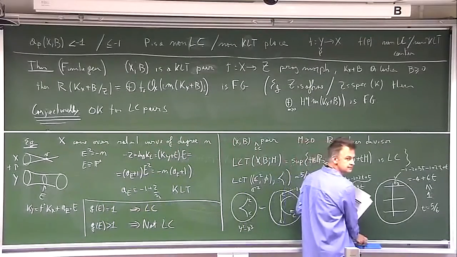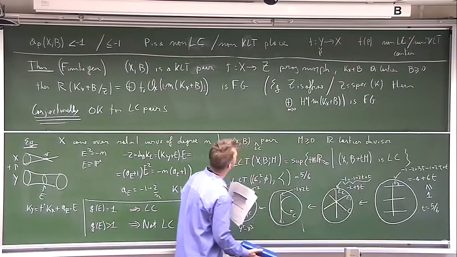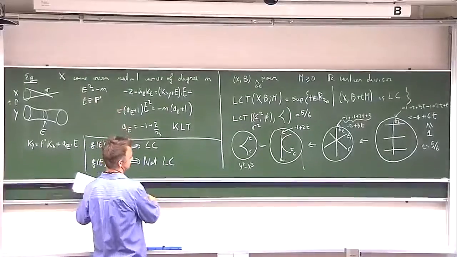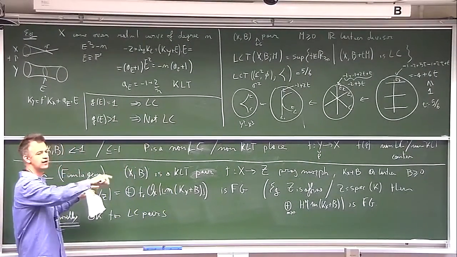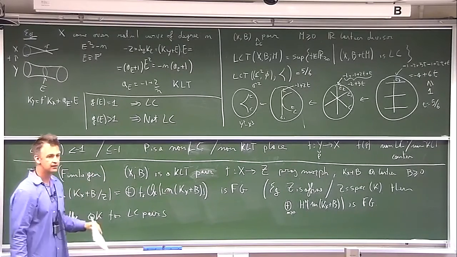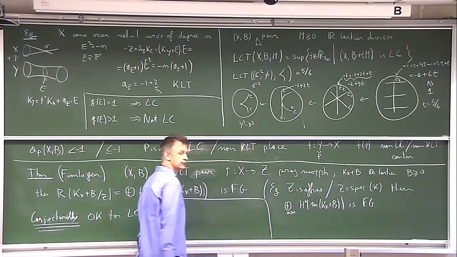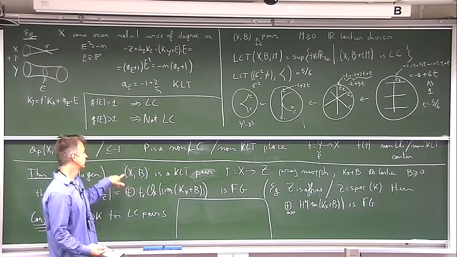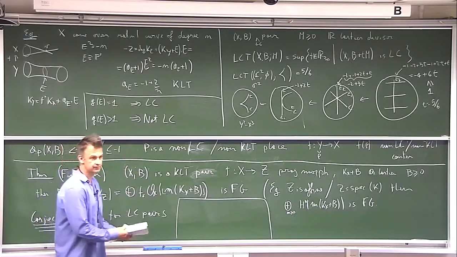Yes? Excuse me. We don't need that K_X plus B is big? No. I'm not claiming that I can do flips and divisorial contractions and get a minimal model. I'm just claiming that the ring is finitely generated. So there's a technique due to Fujino and Mori that says that essentially you start with any KLT pair, you look at the Iitaka fibration.